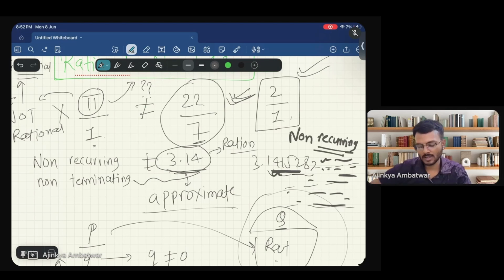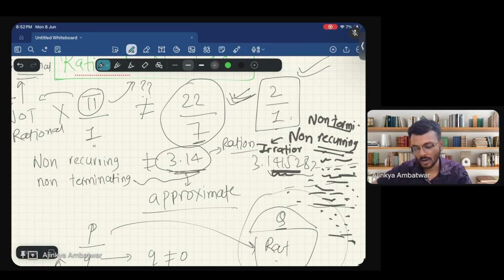There is no repetition of these numbers again. So pi is non-recurring. It also does not end anywhere. It just keeps on going. So it is non-recurring, non-terminating. Both things. That's why इसको हम कहते हैं irrational. Pi is non-recurring, non-terminating. That's why it is irrational.